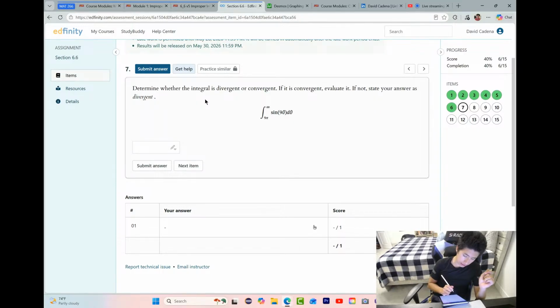The antiderivative of sine of 9 theta is going to be negative cosine of 9 theta over 9. There we go. Because, right, you take the derivative of that, you get sine of 9 theta times 9 over 9, which is just sine of 9 theta. Good.